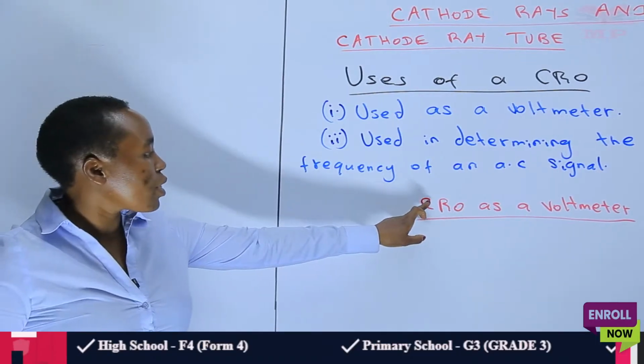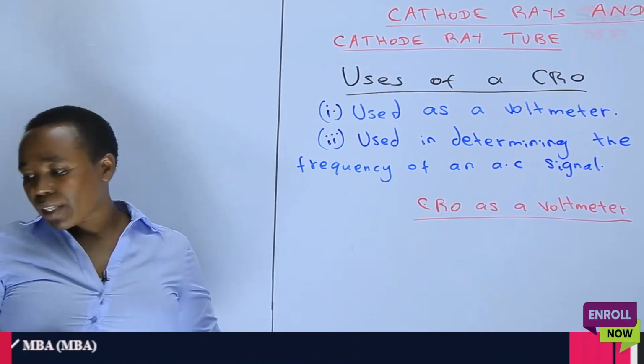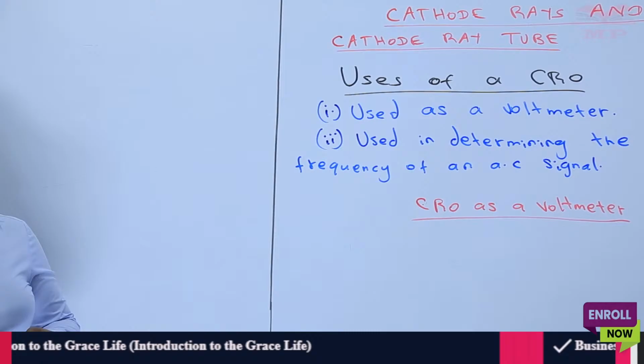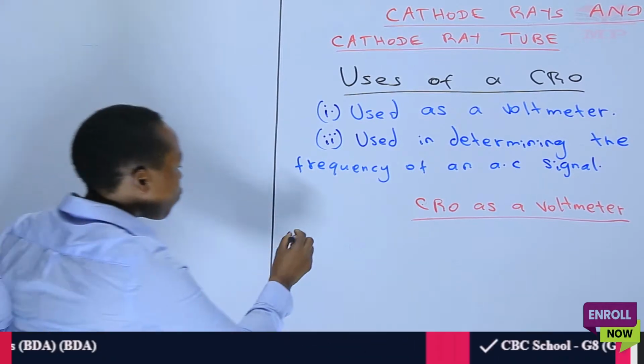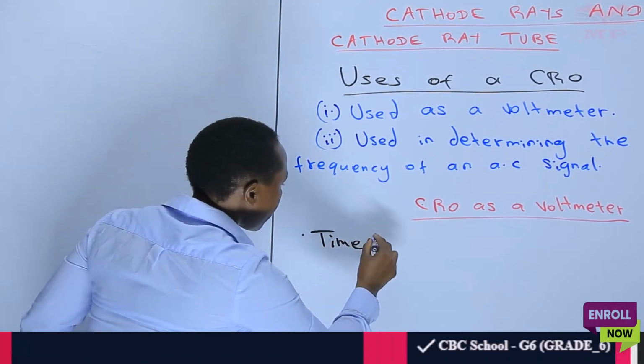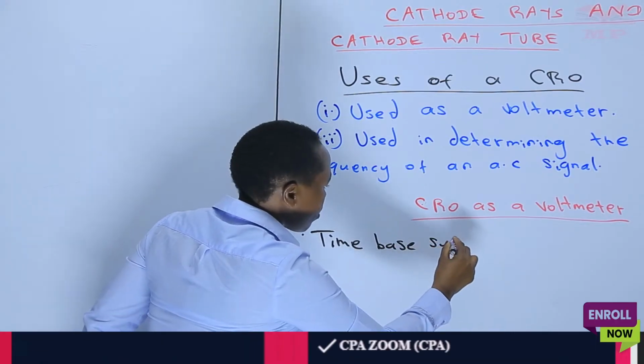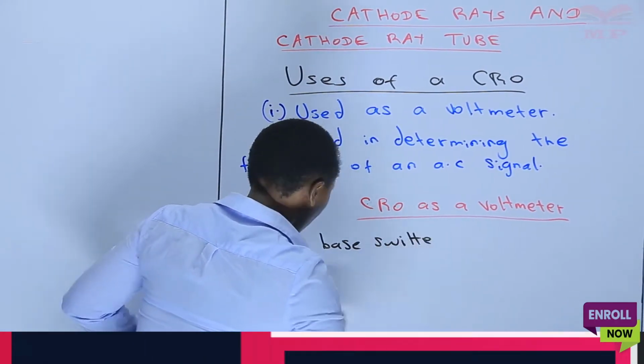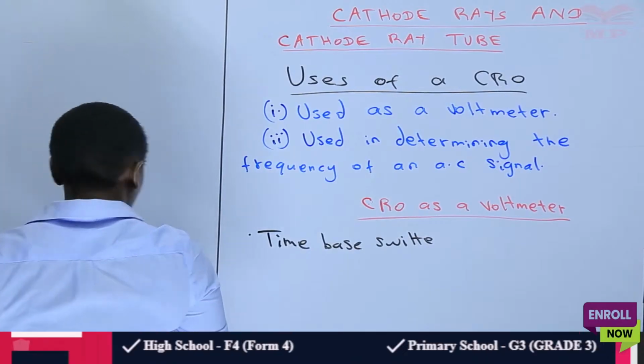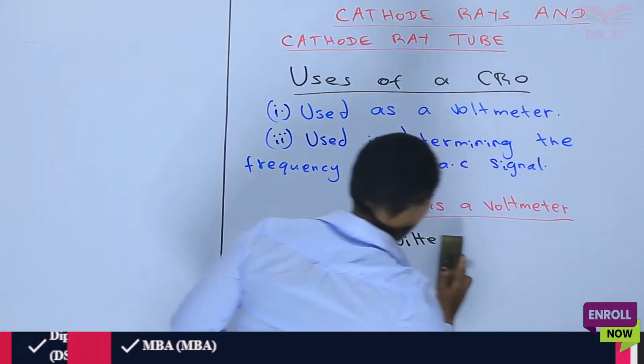So when we are using the cathode ray oscilloscope as a voltmeter, we have the time base switched off.